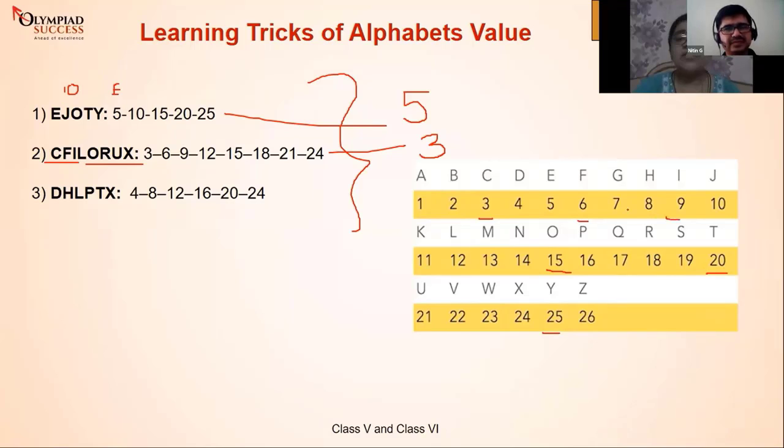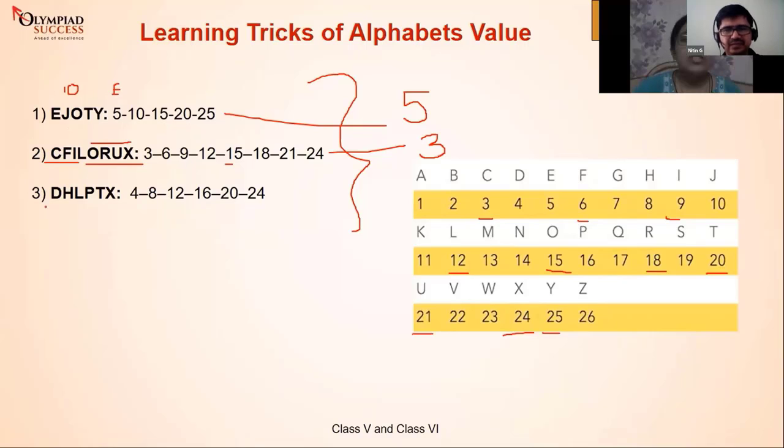Then I have an L, which is 12. So CFIL makes 3, 6, 9, 12. After which I have ORUX. Now O stands for 15, R stands for 18, U stands for 21, and the last multiple present is X, which is 24. So this makes CFILORUX the multiple of 3.